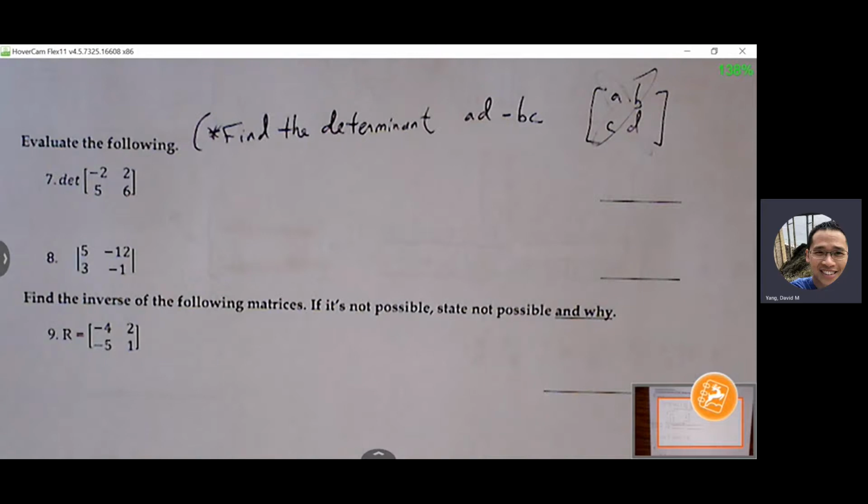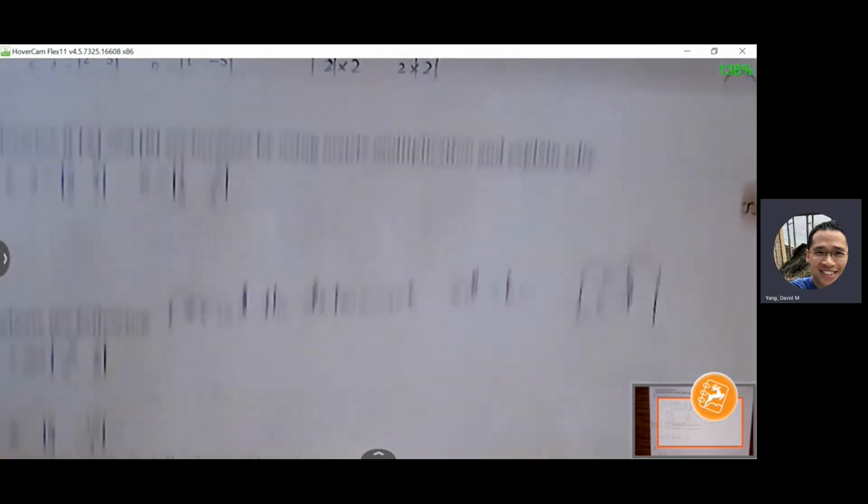A times D minus B times C. Okay. Check your answers for 7 and 8.